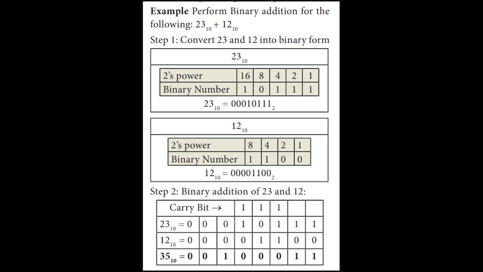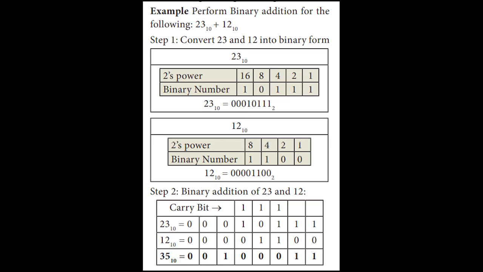With powers of 2 we can find the binary number, right? And then again for 12 we have to find the binary number, and then you will add both, and then convert it into a decimal number again, and that will be the answer, right?